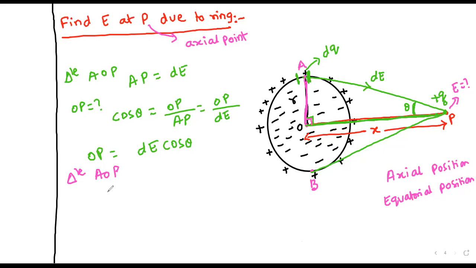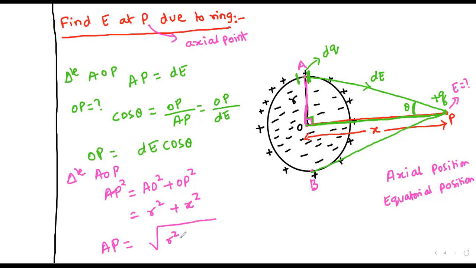So I can write AP square is equal to AO square plus OP square. AO is nothing but the radius and OP is x. So AP is equal to under root R square plus x square. Is it fine?